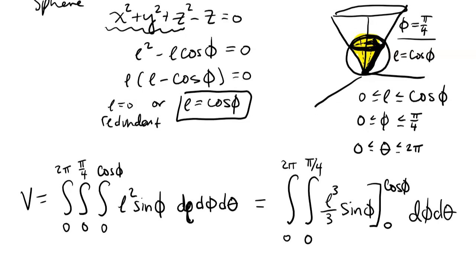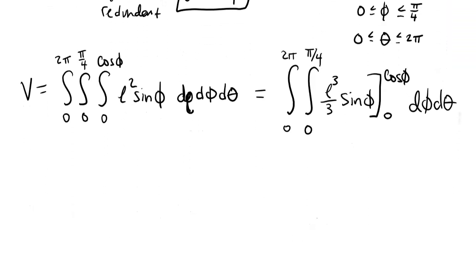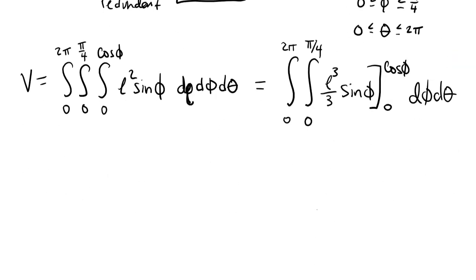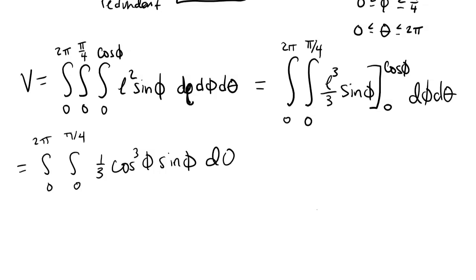So now if we plug into that integral, we're going to end up with the integral from 0 to 2 pi, 0 to pi over 4. We'll have a third cosine cubed phi sine phi, d phi d theta.